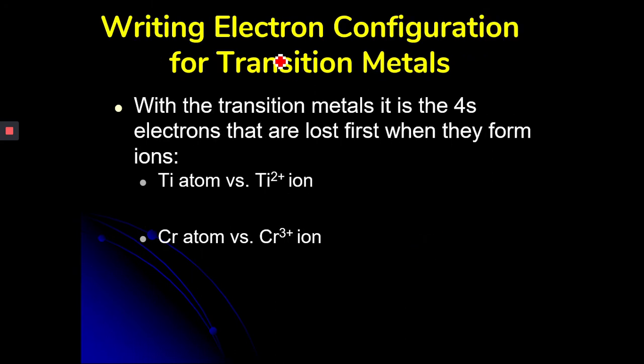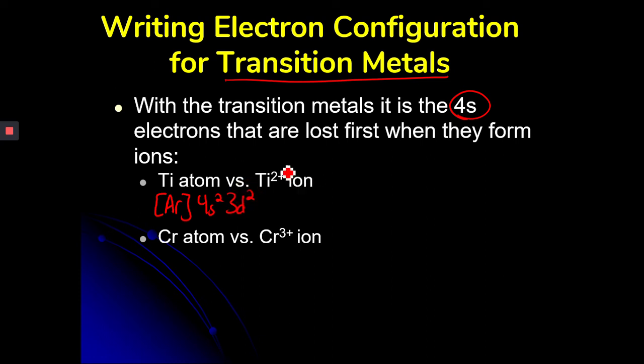Now, if you're talking about transition metals, again, it's a little funny. Transition metals always lose their 4s electrons first. So if we think about titanium, which is number 22 on the periodic table, let's write the noble gas configuration. It would be argon 4s2 3d2.